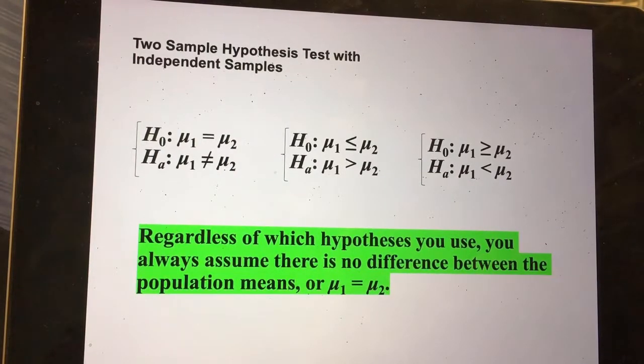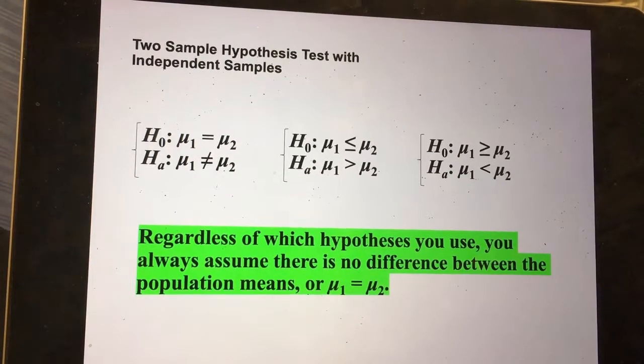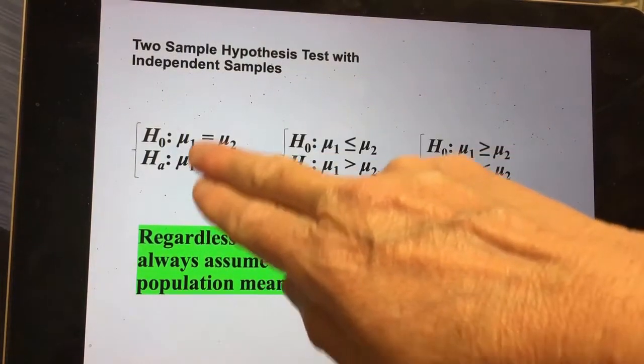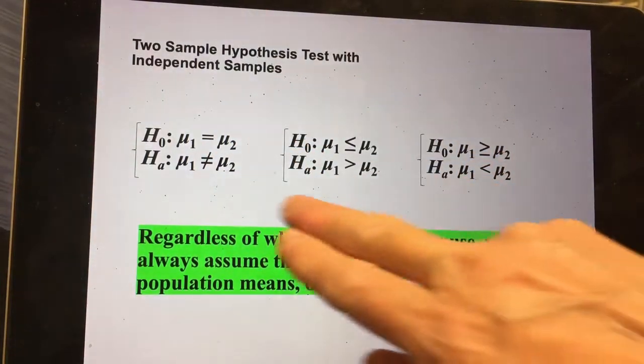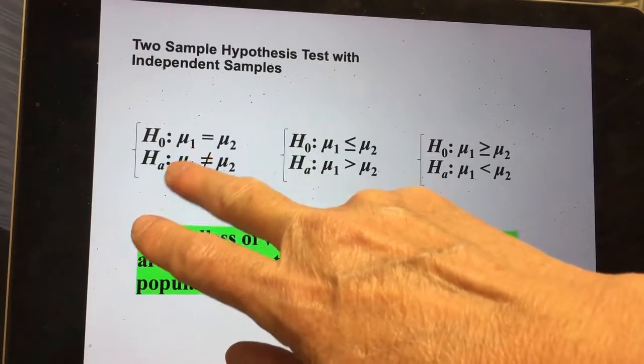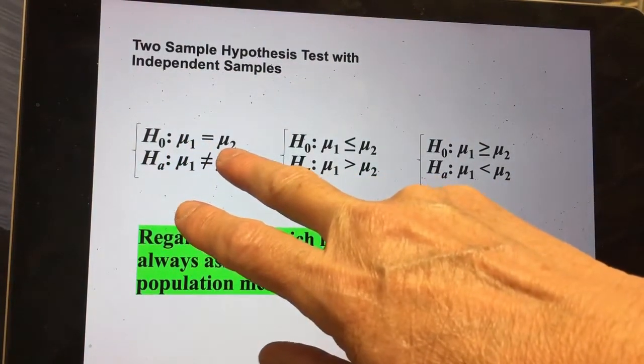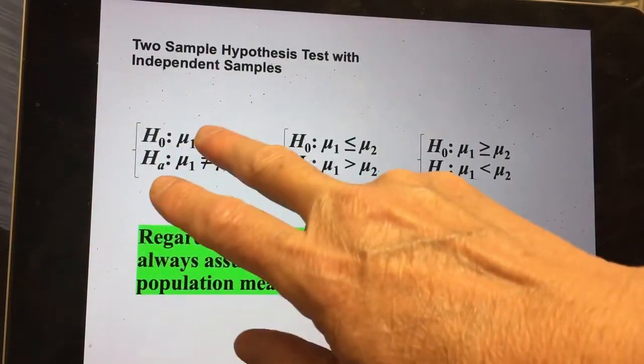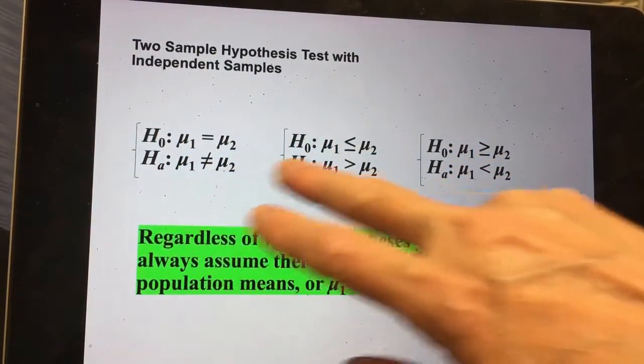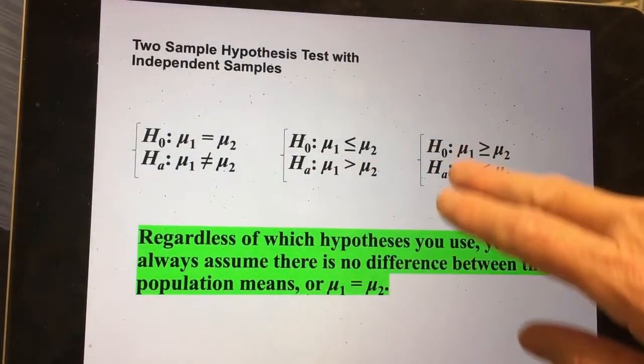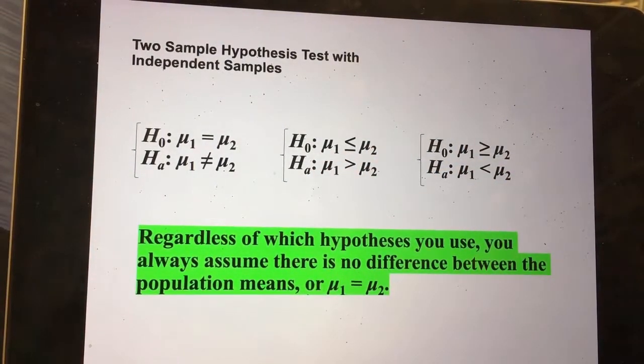This is the same thing that we wound up doing in chapter 8, except here we're talking about mean 1 and mean 2 of the 2 different samples. Remember that the 2 hypotheses always cover all of the situations possible. And regardless of which way you set these up, you will always assume that there is no difference between the population means. That's going to be your assumption when you start out.